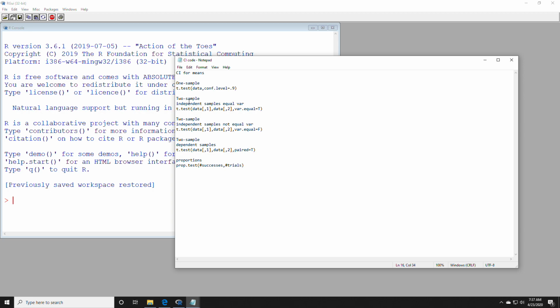If you determine that they are independent samples, you have to determine whether the variance is equal or not. If the variance is equal, then we simply have to put comma var.equal equal true. Okay, and how might we determine if the variances are equal? Well, you could either do a side-by-side box plot, or you could simply calculate the sample variance of each group, right?